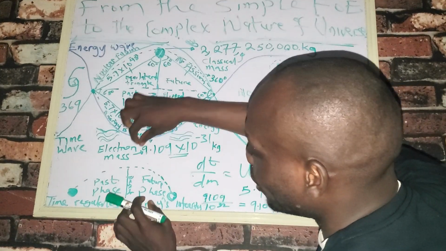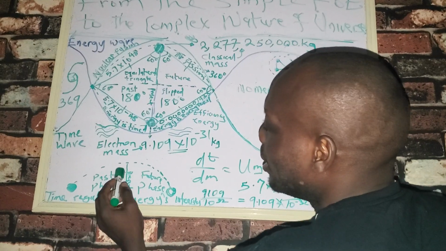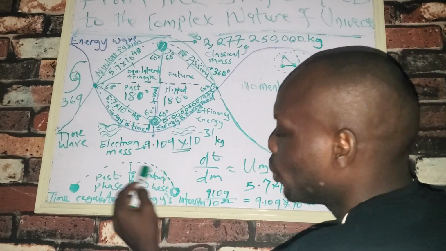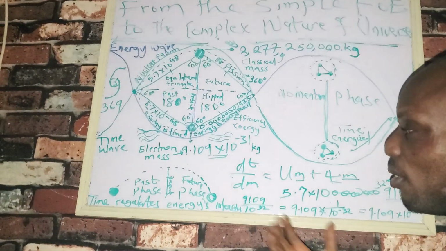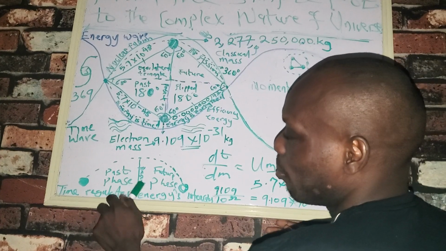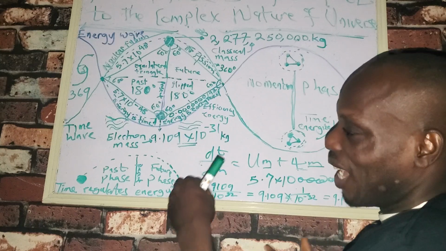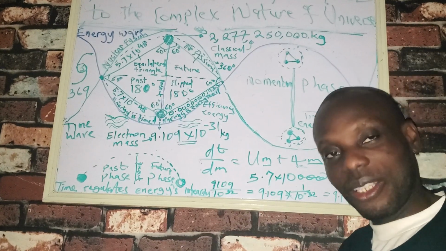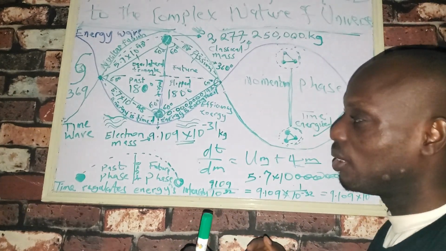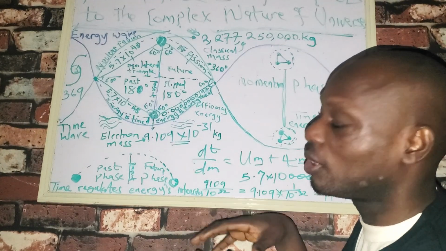So when it reaches the extreme top, the ball will be descending. So the future phase will now be the descending phase. As the ball is descending, here at past phase it accumulates more mass, and in the future phase it is actually shedding mass, not only the mass that was accumulated, but even the original mass.